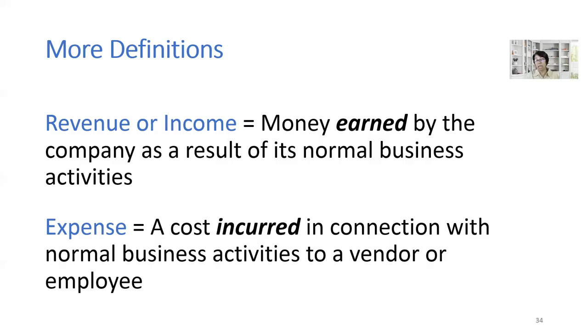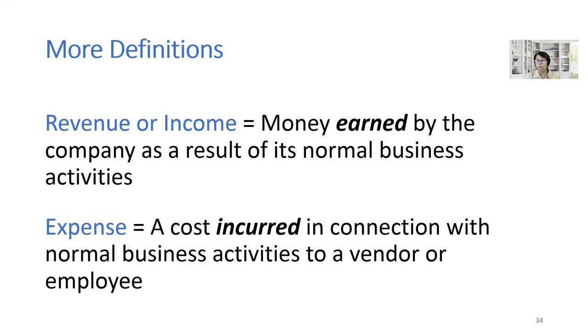That's not an expense. That is a loan because it's not a cost incurred in connection with normal business activities to a vendor or employee. A vendor would mean, like, let's say you made candles and you went to a wax company, ABC Wax Company.